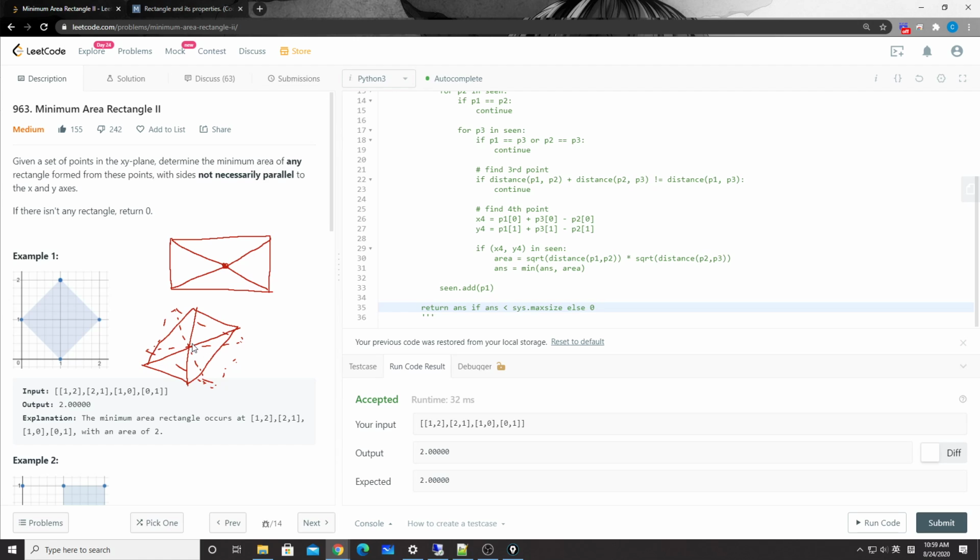Then we can also find the middle point of the diagonal. We're going to use those two things as a key to store each of the diagonal lines here.